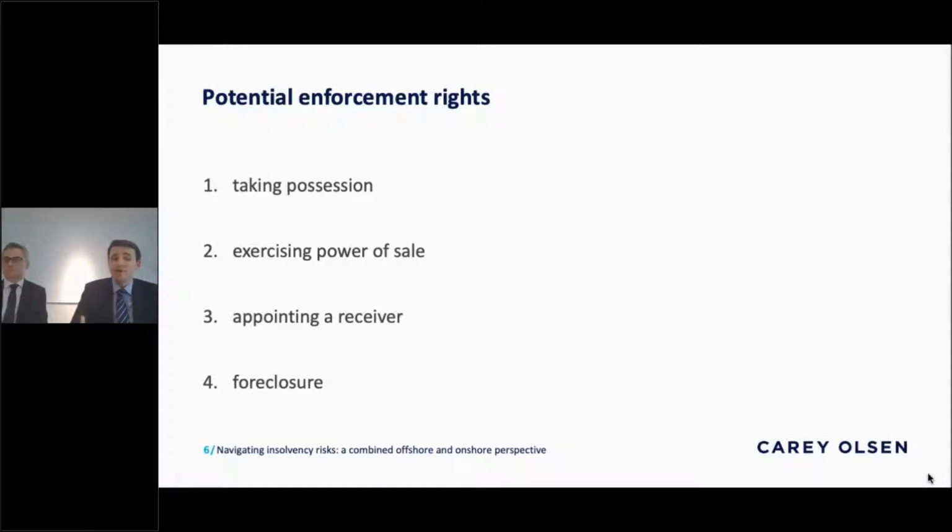It allows you to swiftly take control of the assets without the complications of possession, and allows you to have an independent professional to help you realize the value of it. It limits the possibility and even indeed the probability of any challenge to your actions. And where it's contractual, it can be done swiftly and often without even needing to go to court. It can often be done as a self-help remedy. So unsurprisingly, we do see in the market that a lot of people are interested in taking this route.